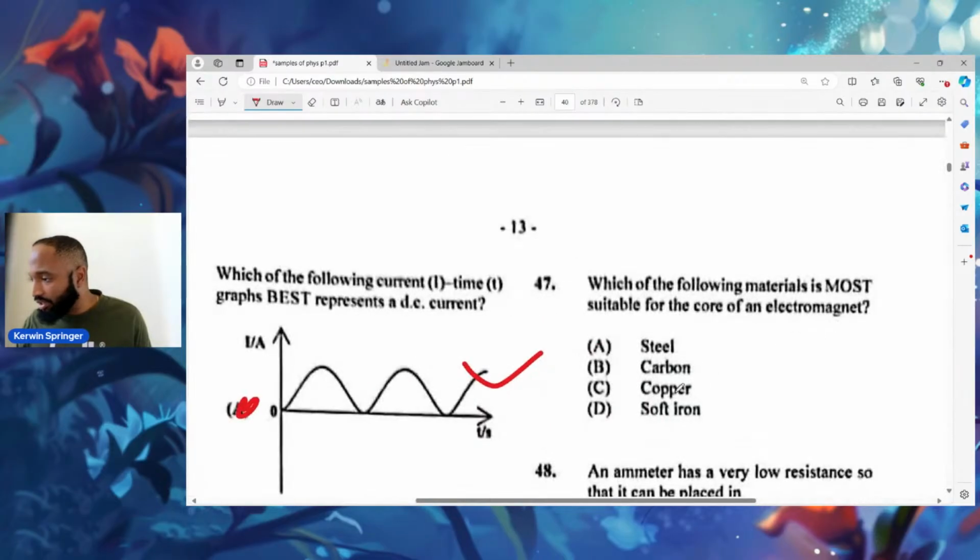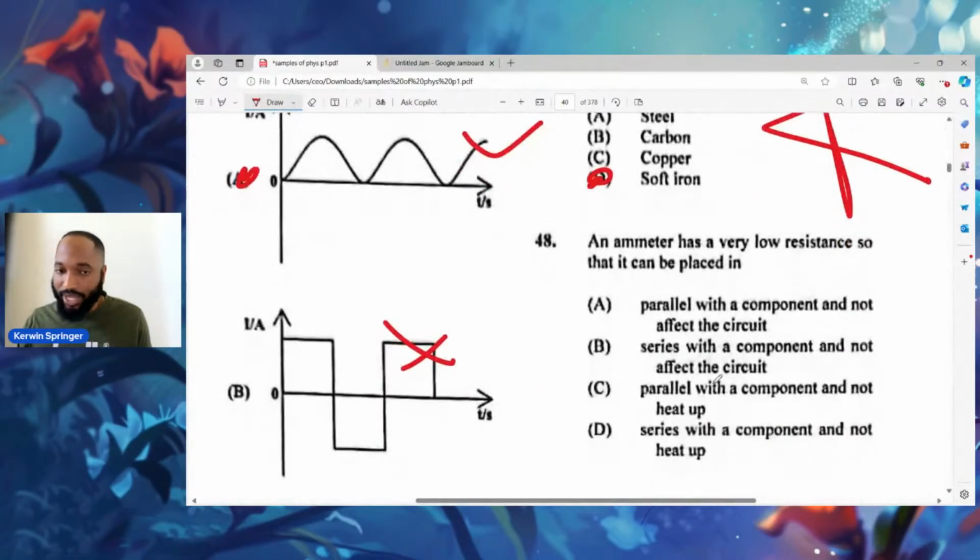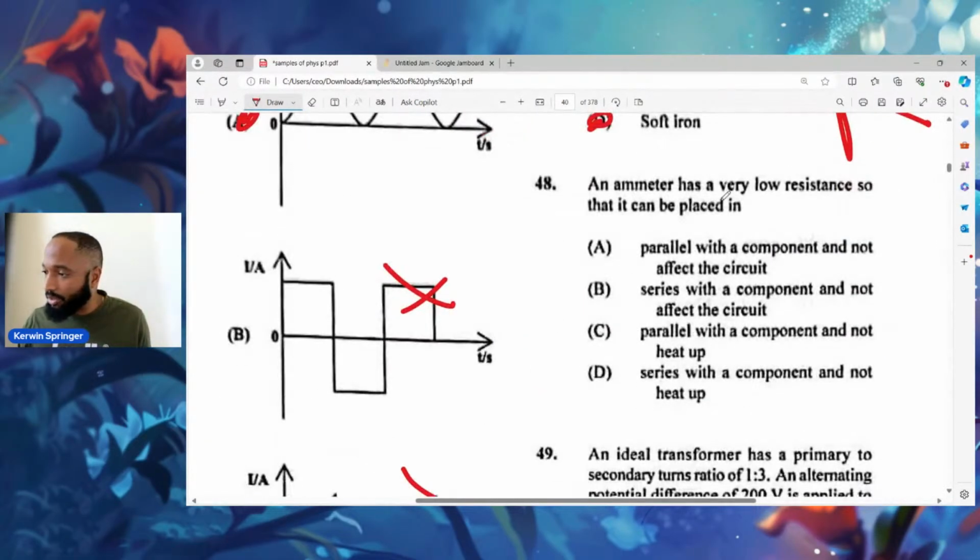This is the question of the day. An ammeter has a very low resistance so that it can be placed in series with a component and not affect the circuit.